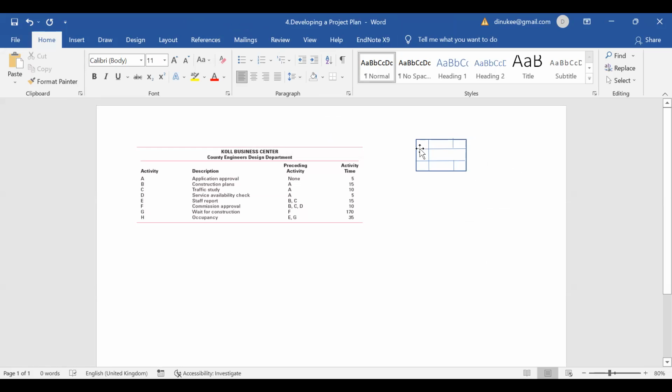In here, this is the point where you have to put the early start, early finish, those things.